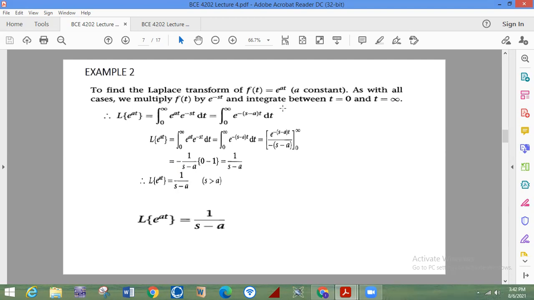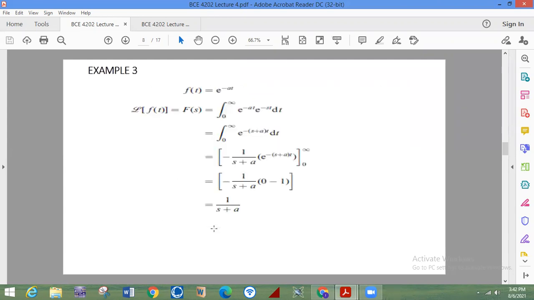So we shall be able to deduce that the Laplace transform of this component comes to 1 over s minus a. I think these are examples. Actually, I got them from Engineering Mathematics by Stroud, that book of engineering mathematics. I hope you've seen this before, so we should not be spending too much time on this.